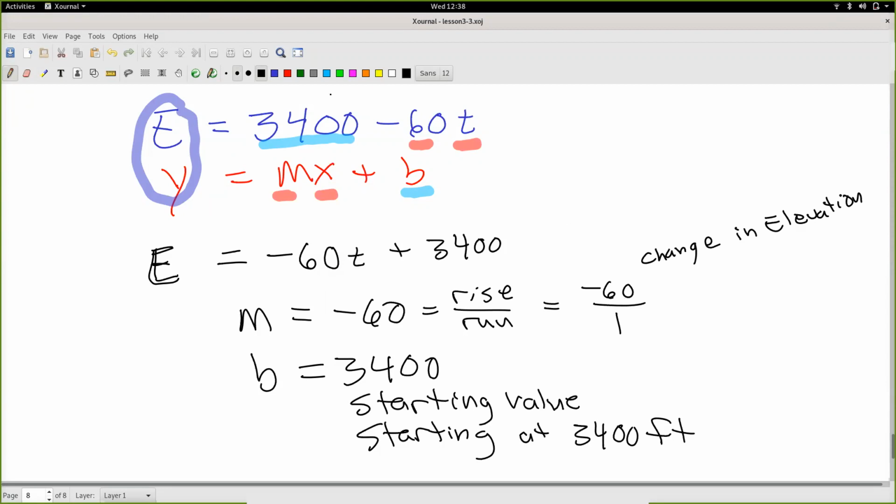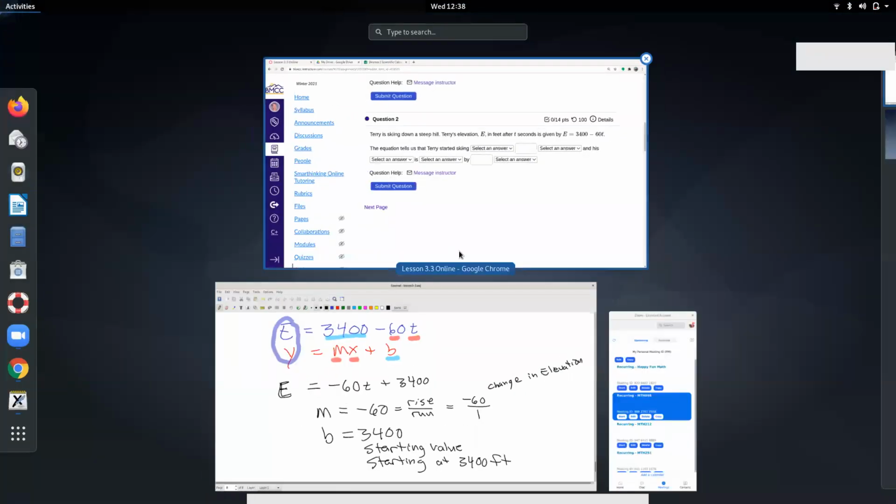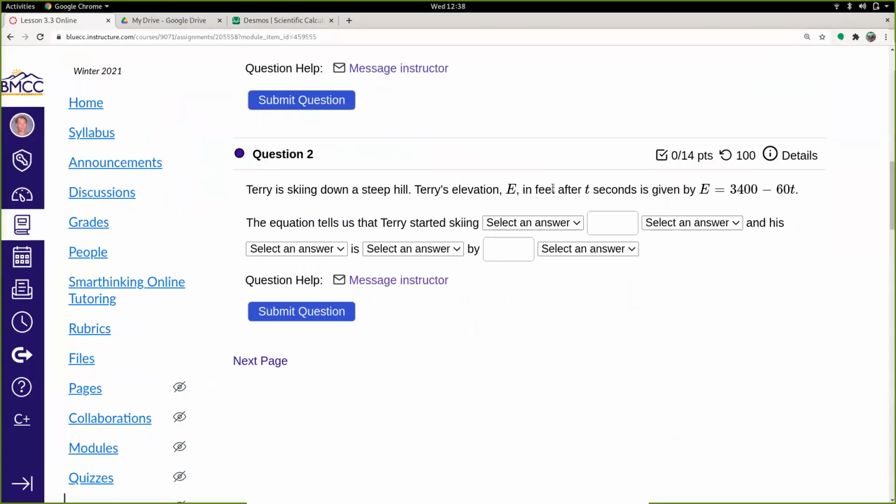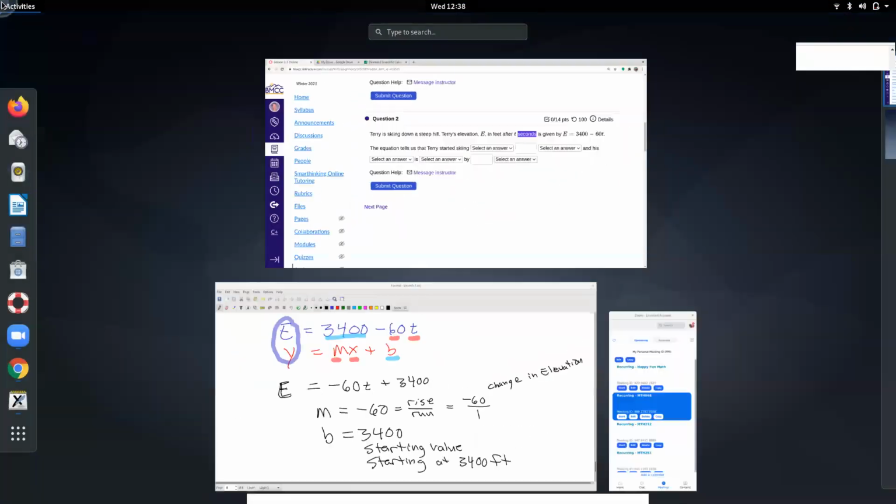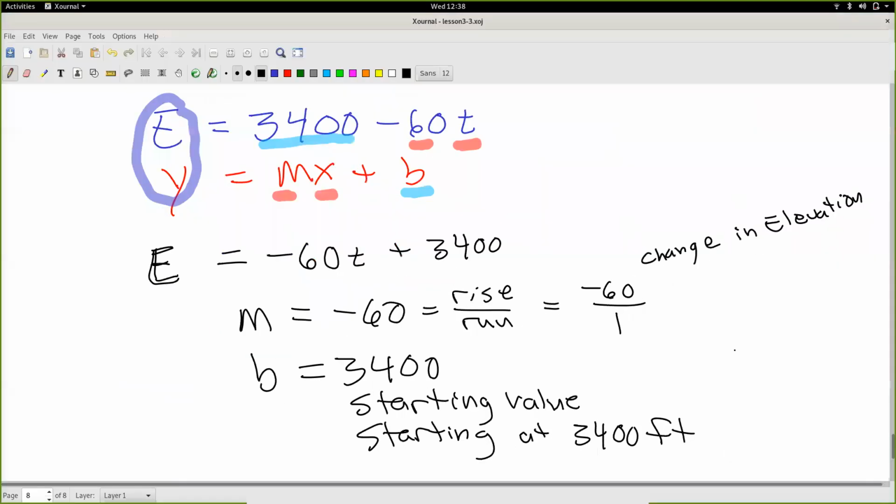And I think this was hours. Let's see. Oh, seconds. Right. So read the fine print. So my bottom number is a change in seconds. And I'm 90% sure the change in elevation is feet.